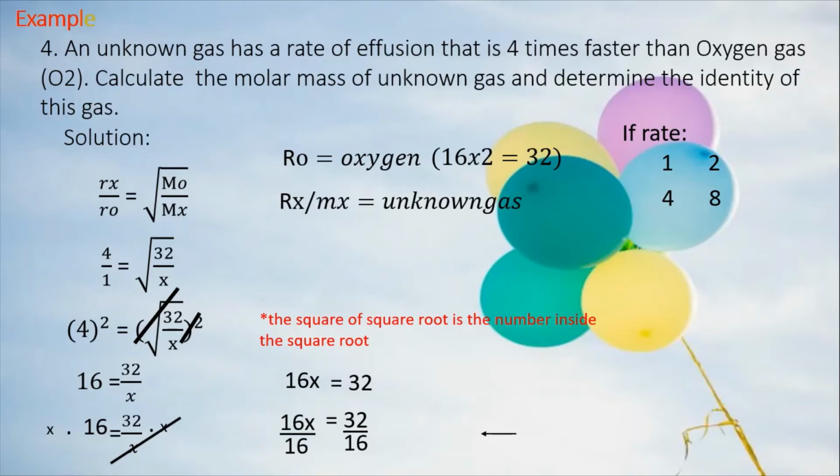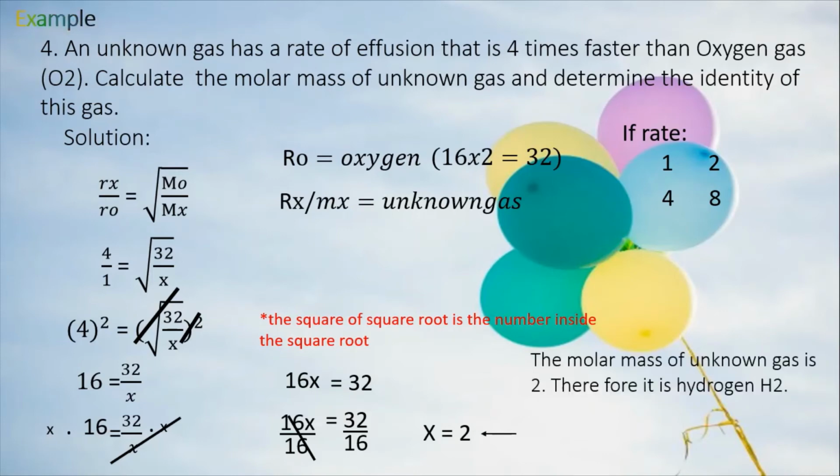So x is equal to 32 divided by 16, which is equal to 2. So the molar mass of the unknown gas is 2, and therefore it is hydrogen. Hydrogen, H2, has a molar mass of 1 times 2.